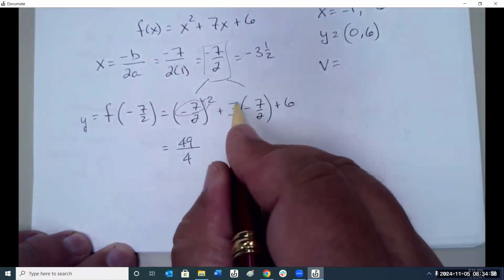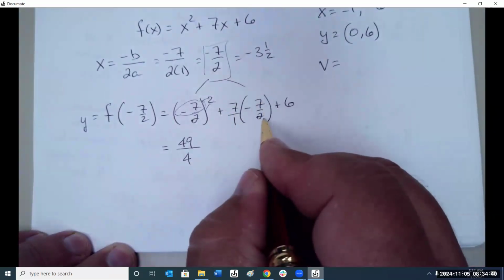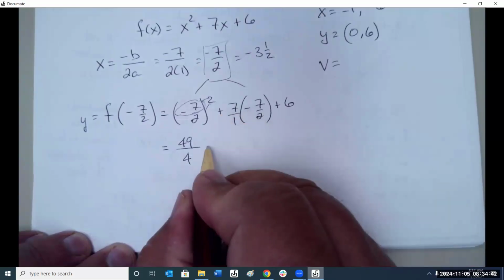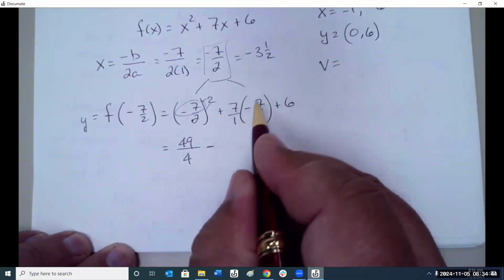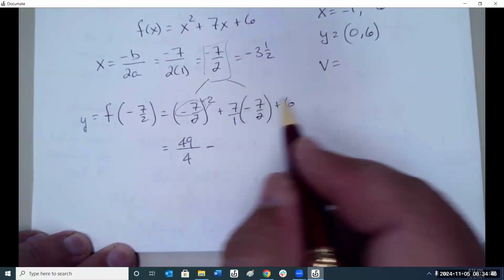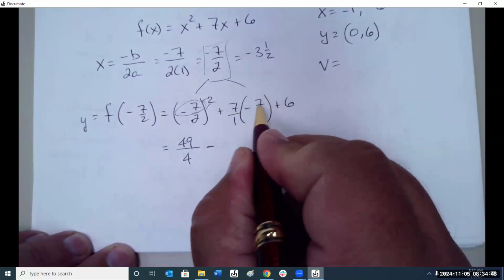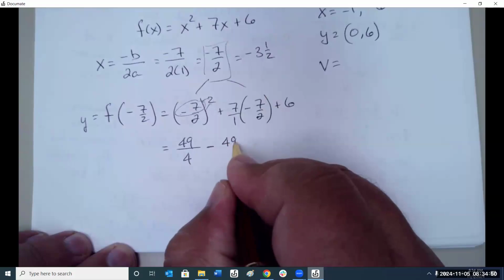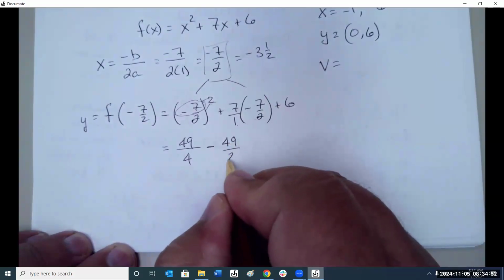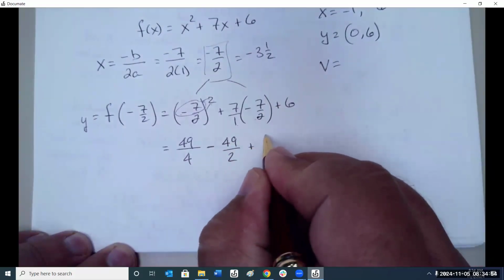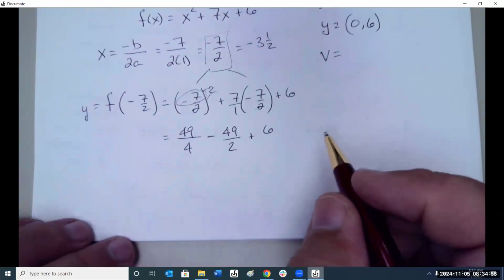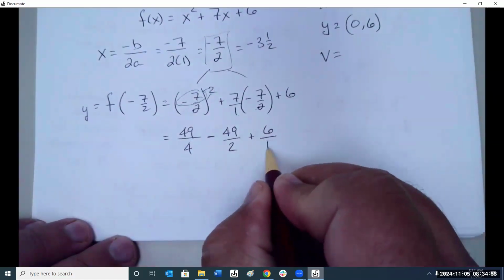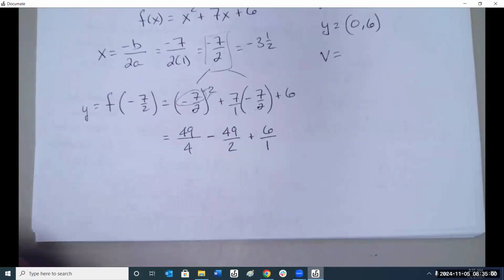We have positive 7/1 times -7/2. Positive times negative is a negative. Nothing cancels, so I multiply straight across. 7 times 7 is 49. 1 times 2 is 2, plus 6. Since we're dealing with fractions, it's 6/1.